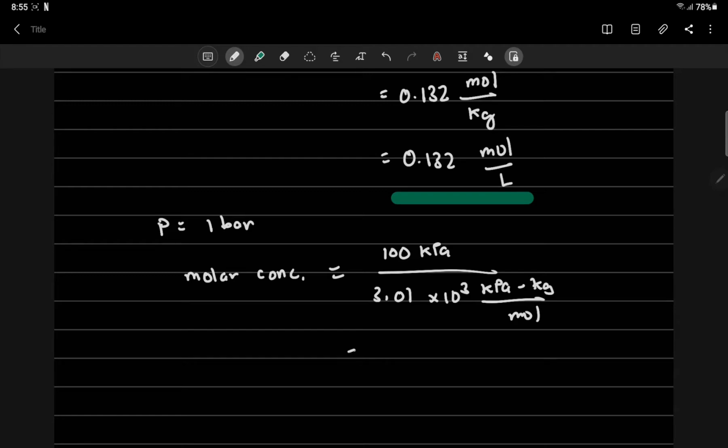So, ang lalabas na answer dito will be 0.033 moles per liter. And as you can see, higit na mas mababa yung concentration ngayon ng carbon dioxide doon sa carbonated water kapag na-open na to the atmosphere yung lata.